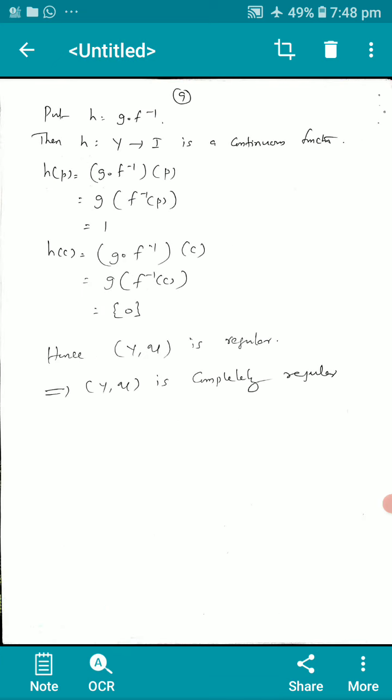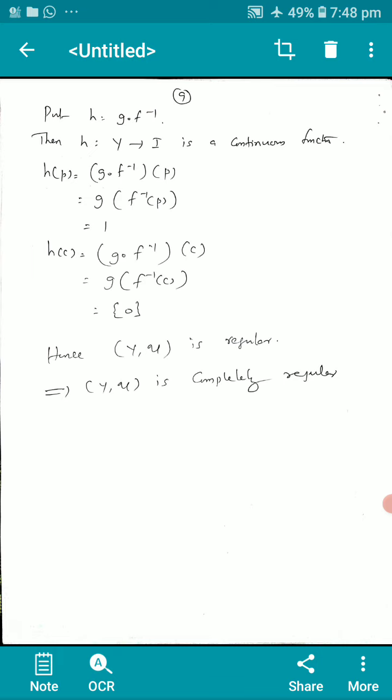Put h equal to g composite f inverse. Then h is a continuous function from Y to the closed interval [0, 1]. And h(p), that is g composite f inverse of p, that is g(f inverse of p), is equal to 1. h(C) equals g composite f inverse of C, that is g(f inverse of C), is equal to the set {0}.